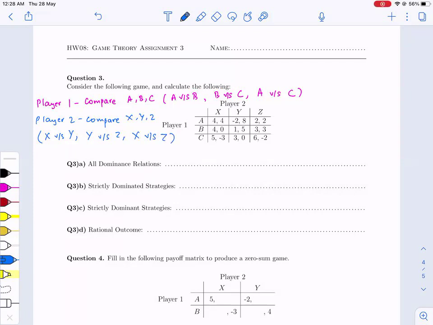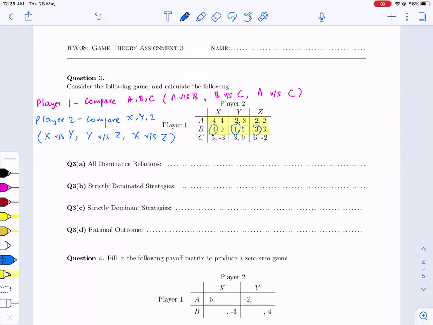Okay. So let's compare A and B first. So you look at the first row and the second row. And now, in order to compare which strategy is dominant, since these are strategies for player one, you would compare the payoffs for player one, which would be the first numbers in these boxes. So compare 4 and 4, they're equal. Compare -2 and 1, 1 is bigger. Compare 2 and 3, 3 is bigger.